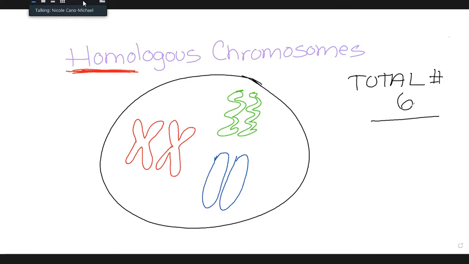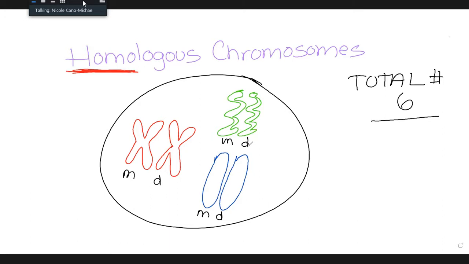Where do all of your chromosomes come from? How did you get chromosomes in your body to begin with? Parents. There you go. So we can pretend that this one's mom's and this one came from dad, and maybe this one came from mom and this one came from dad. Maybe that one came from mom and maybe that one came from dad.